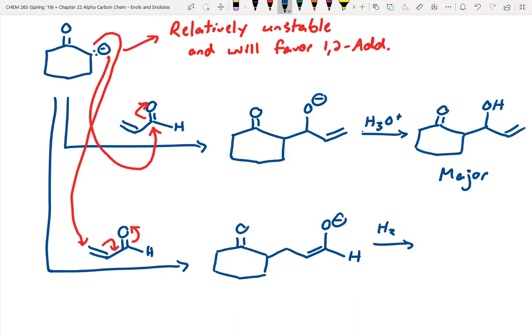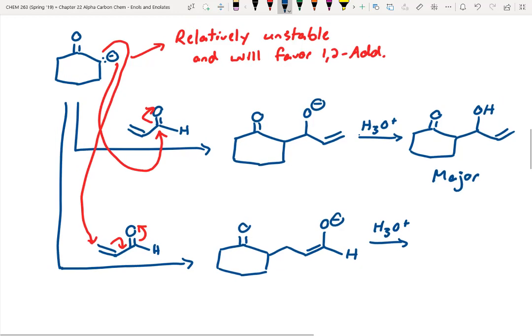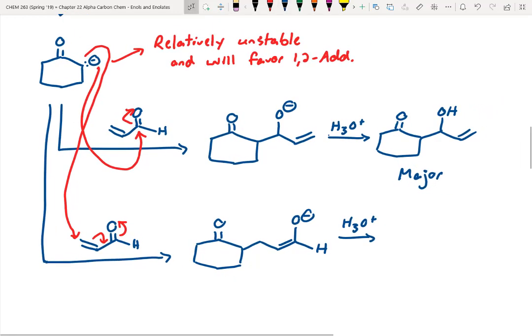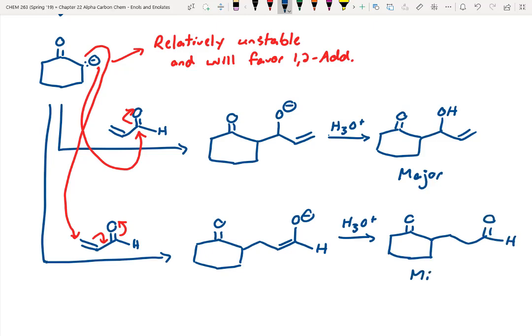And we know with acid, this will quickly tautomerize from an enol all the way to a ketone. Or I should say aldehyde. I keep on saying ketone. But this would be our minor product. So we do have to always think about what our nucleophile is in these reactions, whether it's strong or weak, and then assess which product would be our major and minor product.